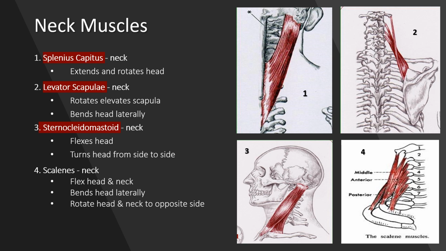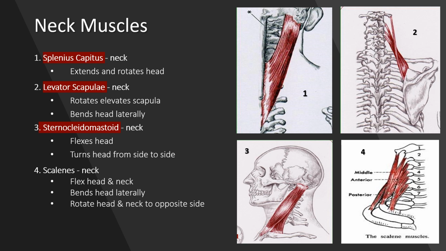Now it's at the back of the body, so the muscles generally on the back of the neck are going to extend the neck, and that means we're going to hold it upright. Or an extension might also be taking it backwards a little bit. That would be maybe an overextension of the neck.